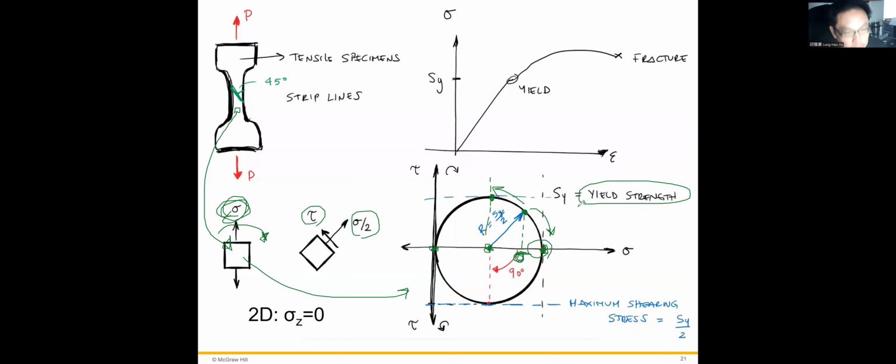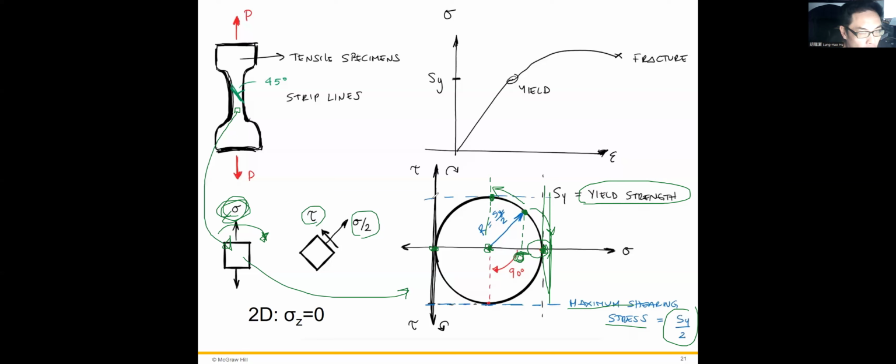Sorry, we have to say the maximum shear stress equals half of the yielding stress, because the diameter of the Mohr circle is the yielding stress. Therefore, the maximum shear stress equals half of the yielding stress.